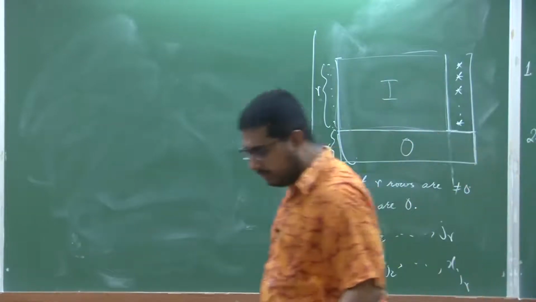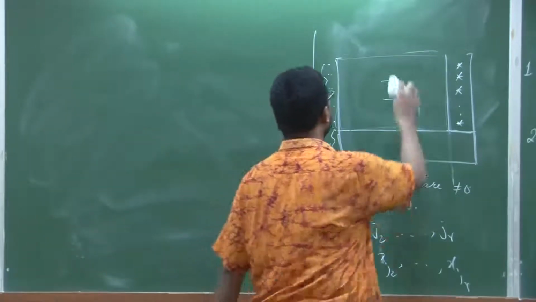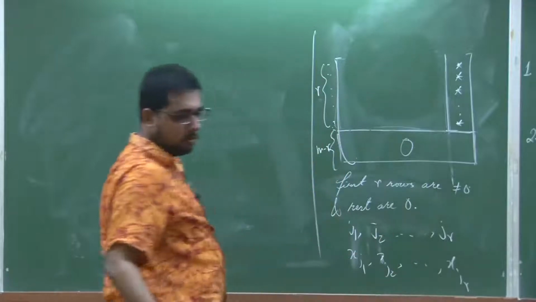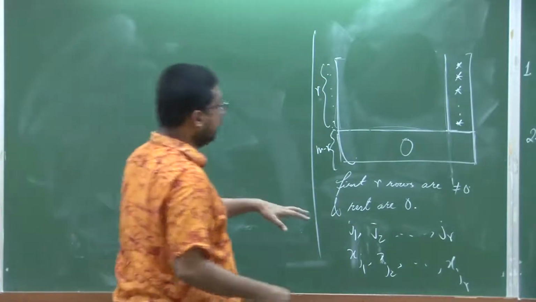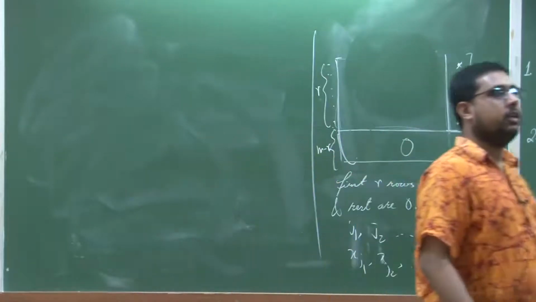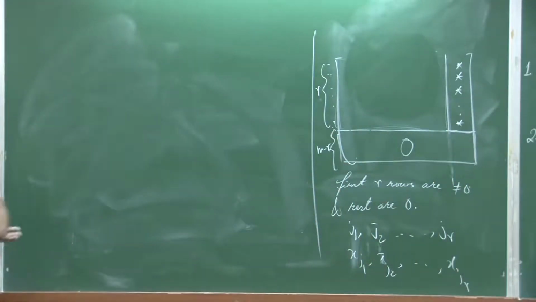So I am not saying that there will always be such a variable. You may not have any variable which is not coming from a column containing a pivot; all your variables might be exhausted.